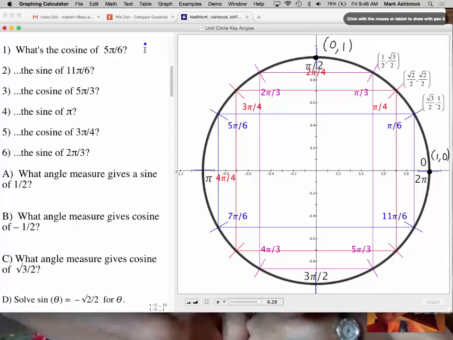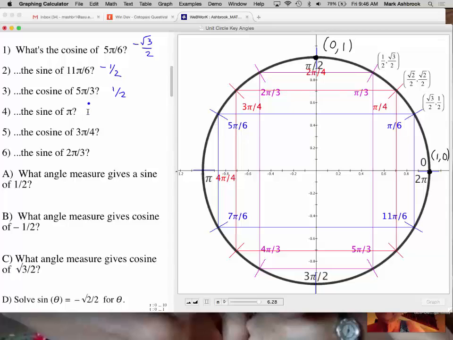Negative square root of 3 over 2. Agree? Yes. And Brandon, sine of 11 pi over 6. Negative 1/2. And Kenton, cosine of 5 pi over 3. 1/2. Agree?